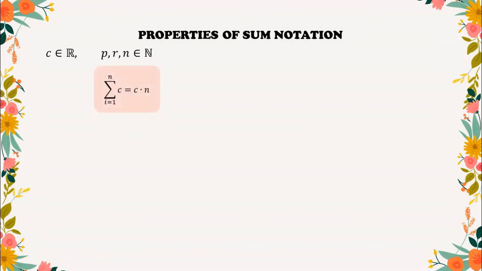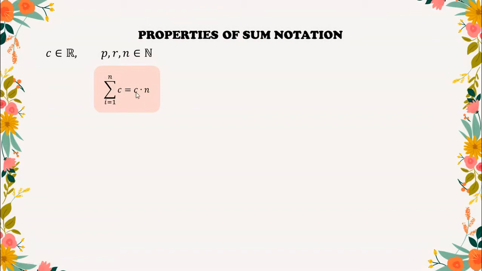But to be honest, what you should most remember is that i and n should always be elements of the natural numbers. That's it.